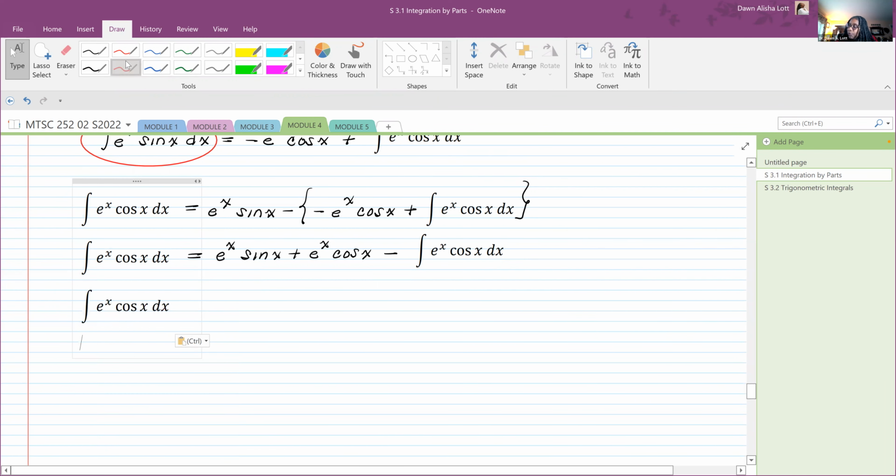So now we have two of them is equal to e to the x sine x plus e to the x cosine x.